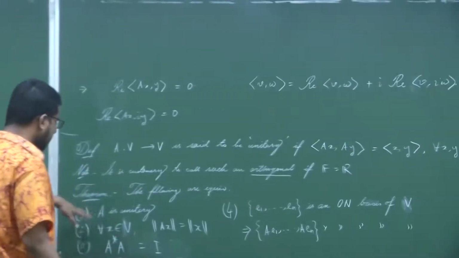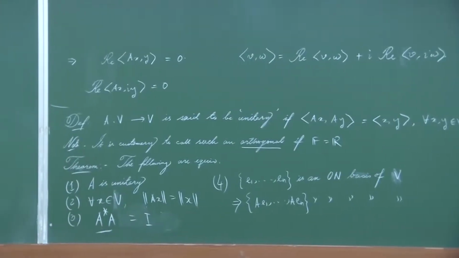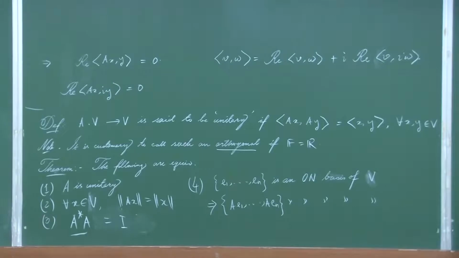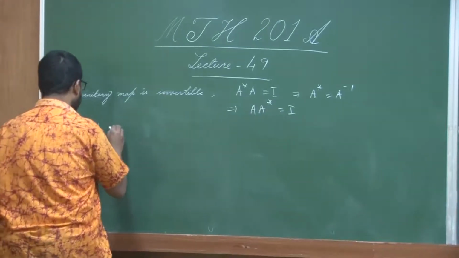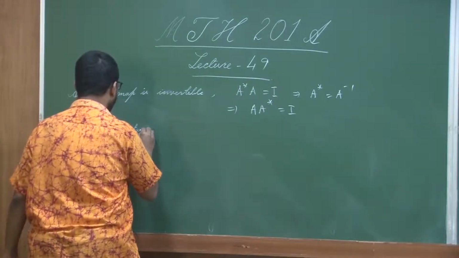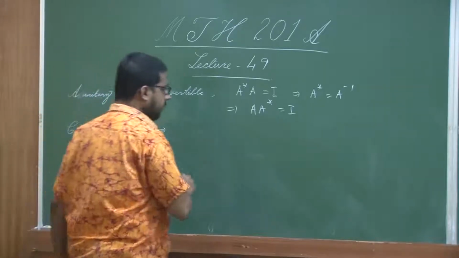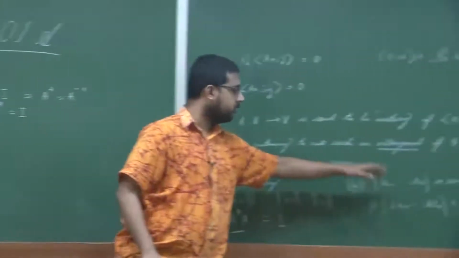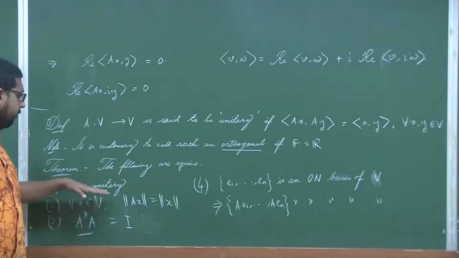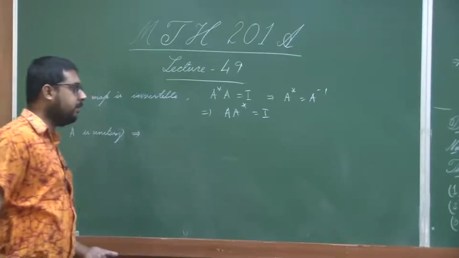And as a corollary of this theorem on the equivalent properties for a map to be unitary, we get: corollary, A is unitary implies A is normal. That is what I am saying, that this shows that being unitary is the same as having A star A equal to identity, and then we get A A star is also identity.